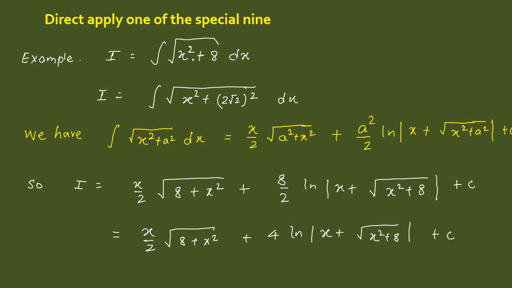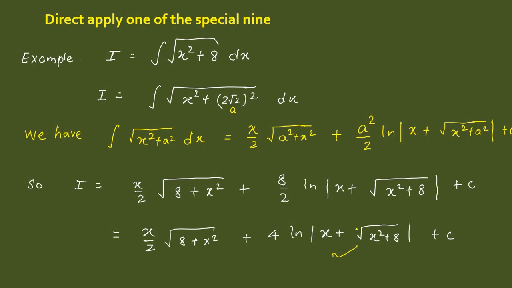Suppose I have to integrate the square root of x square plus 8, so we can write it in the form of the square root of x square plus a square, and we can observe that the integration of the square root of x square plus a square will be x by 2 square root of a square plus x square plus a square by 2 ln x plus the square root of x square plus a square, plus c. So here you can observe that this is a and this is x, so we have to substitute the value of a here, and after simplification we can get that answer.